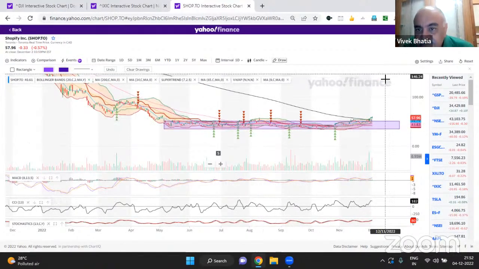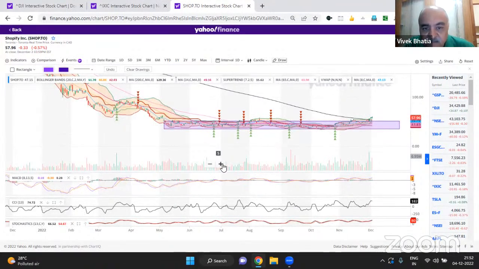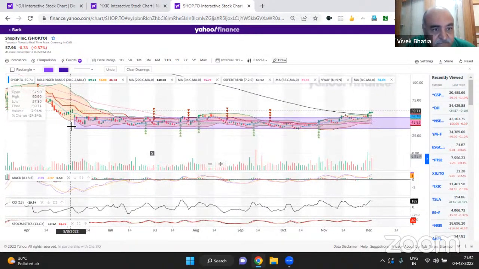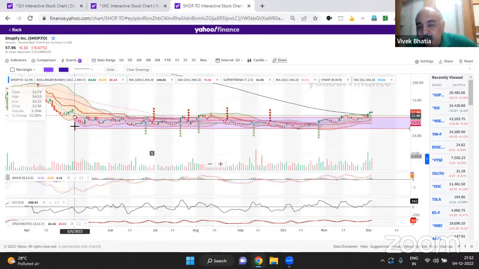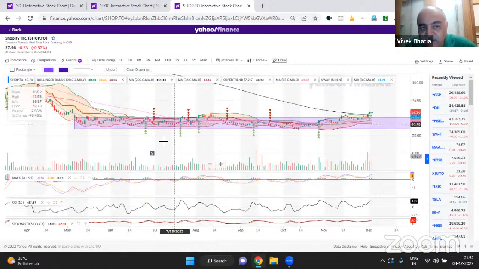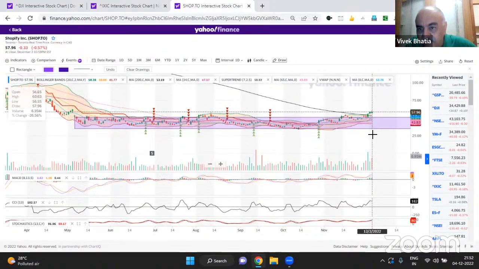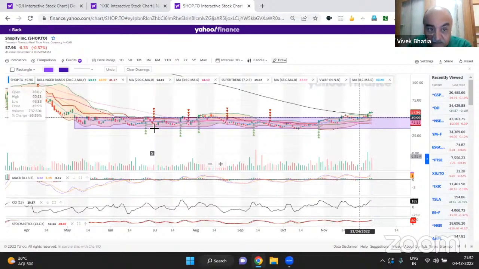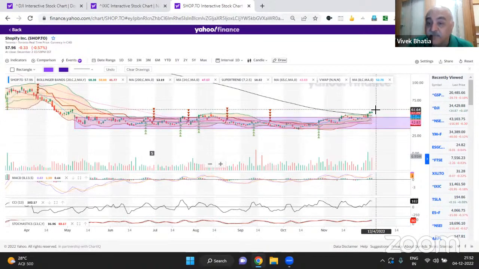See this long consolidation right from May 2022, and the breakout has now been given to you. Very long consolidation. This has been almost a 6 to 7 months of long consolidation, and which is why it is now giving you a breakout.